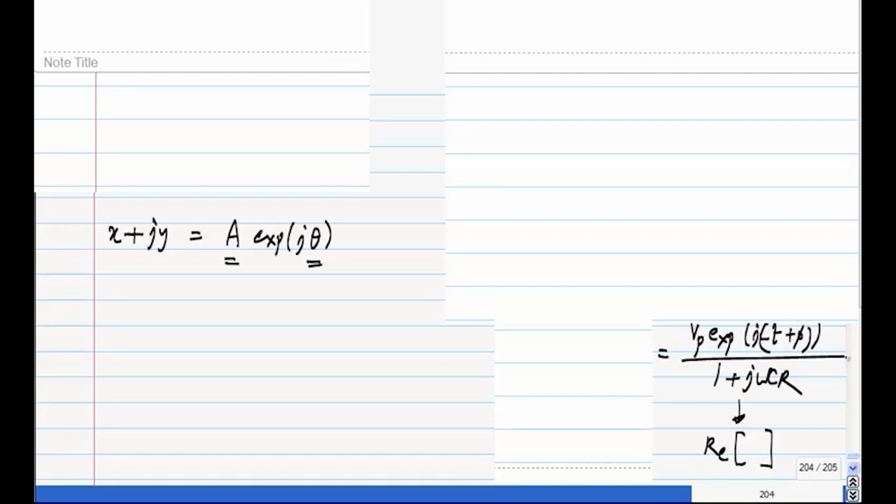Now, both representations are useful. Clearly, this is more convenient for adding complex numbers. This is more convenient for multiplying complex numbers. So, if I use this here, what do I have? 1 by 1 plus j omega CR. What is the amplitude of this?